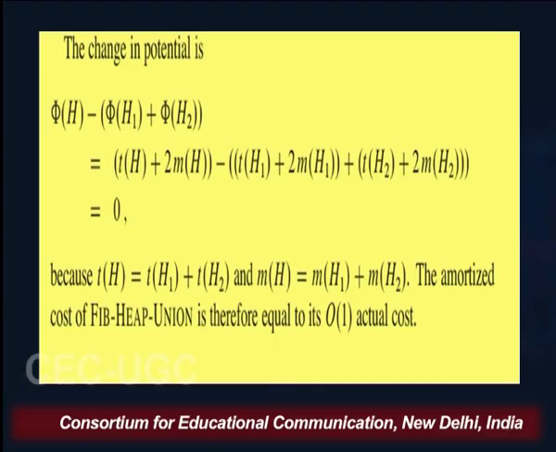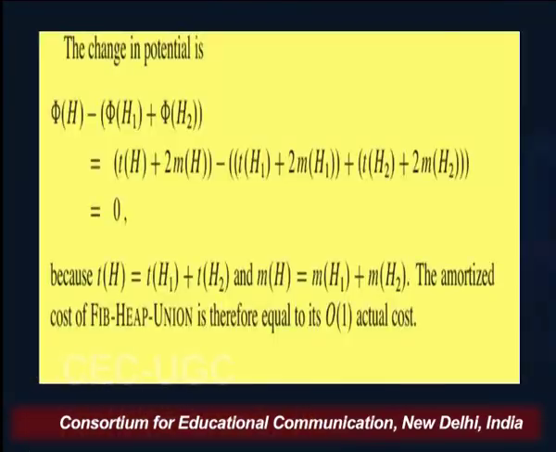So here also we are going to take the potential method, and please recall that the potential for a Fibonacci heap is the number of trees in that Fibonacci heap plus 2 times the marked nodes, which is nothing but T(h) plus 2 m(h). So now here we have phi(h) minus, within the bracket, phi(h1) plus phi(h2).